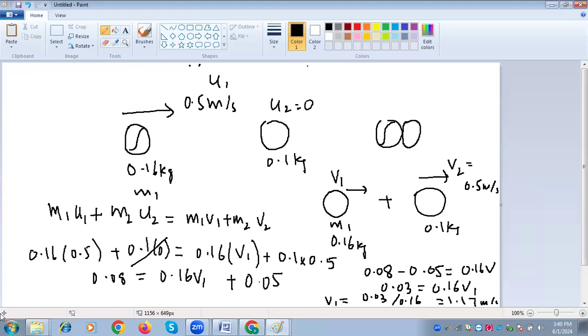Let me solve it on the calculator. 0.03 divided by 0.16. The answer is 0.18. There is some problem, I think, in the calculator of my computer.